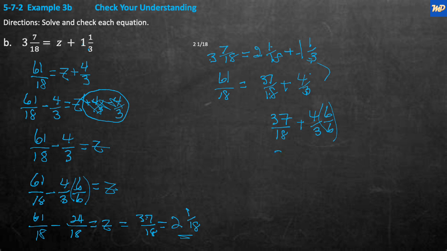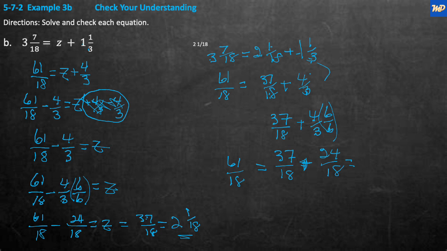So again, 37 18ths. Does that equal 4 times 6 is 24 over 18 plus... what did I miss here? These two are all plus. And we've got to get to this 61/18 over here. So now, does 37/18 plus 24/18 equal 61/18?